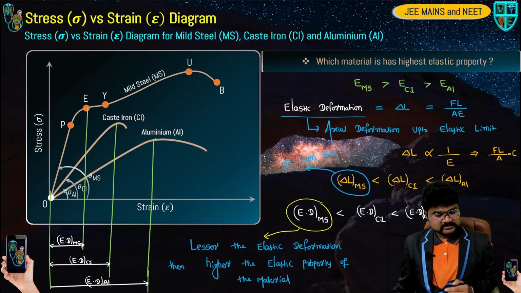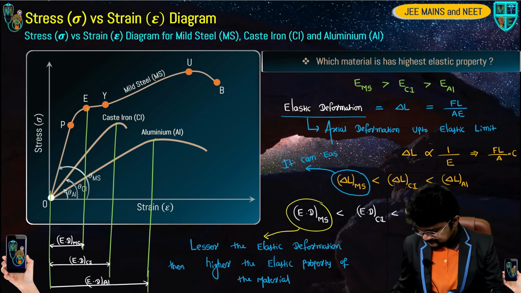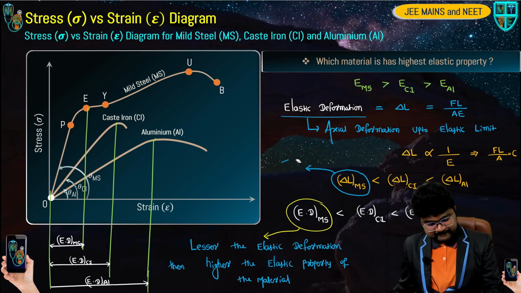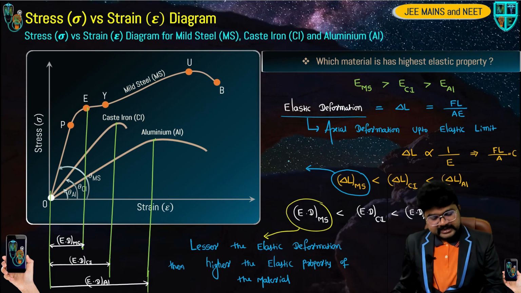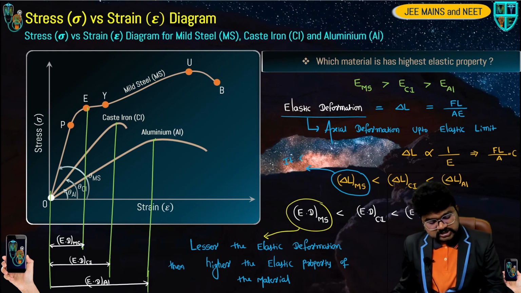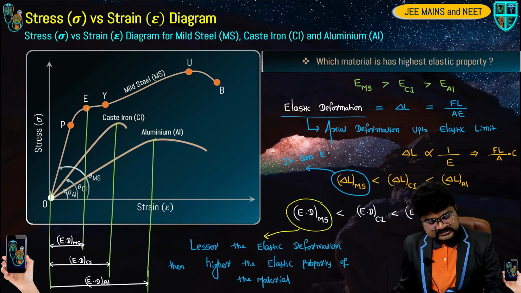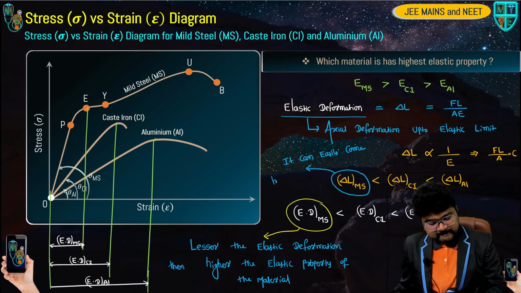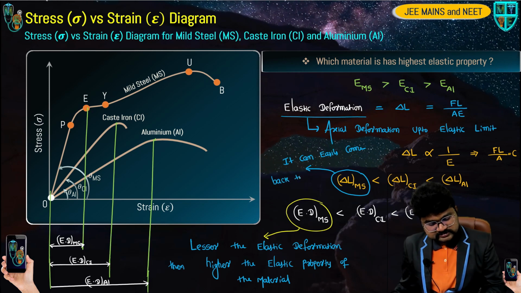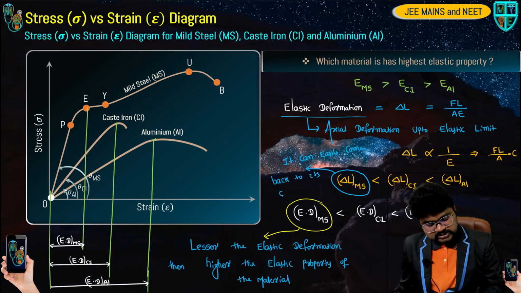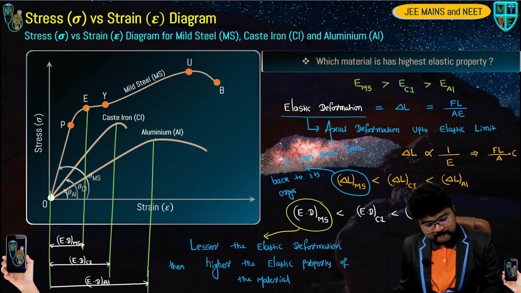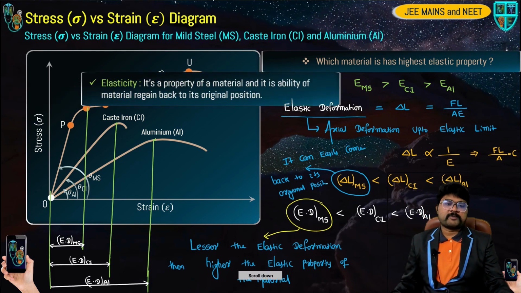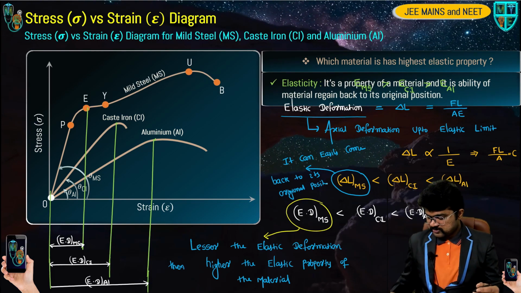It can easily come back to its original position. So that is why that is the elastic property of the material. So here I want to rub this.